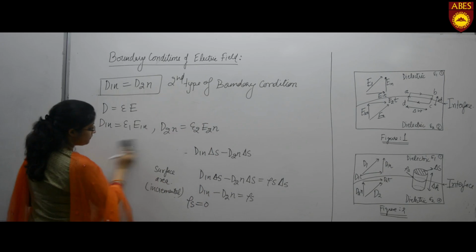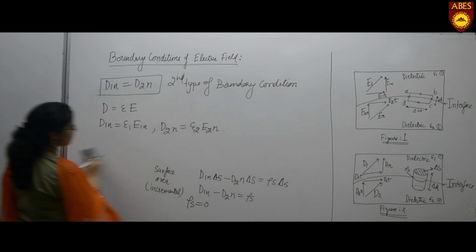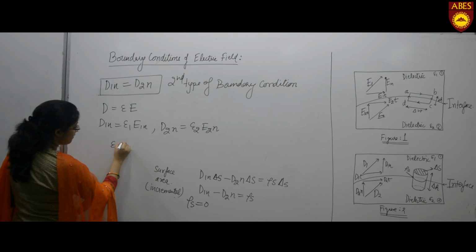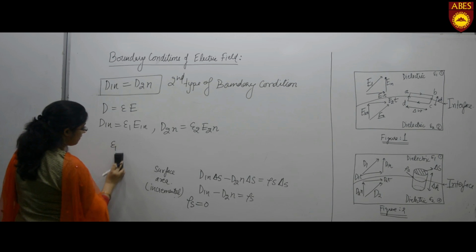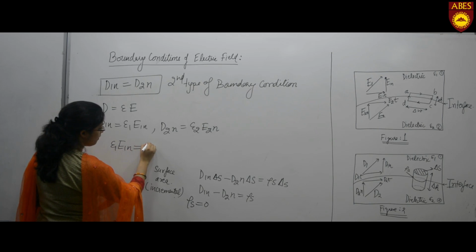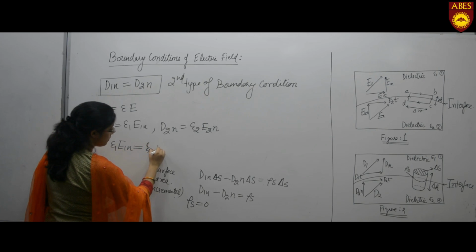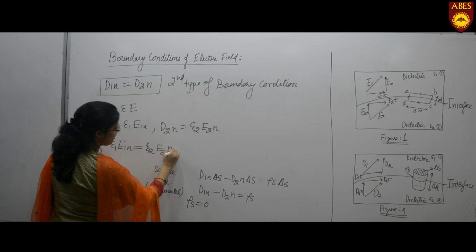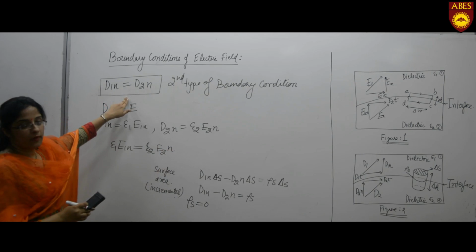Now what will happen? Epsilon 1 E1n is equal to epsilon 2 E2n because of this equation.